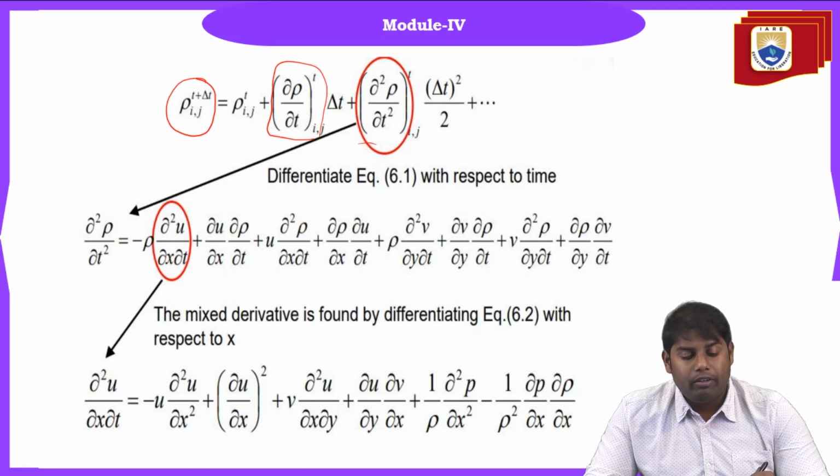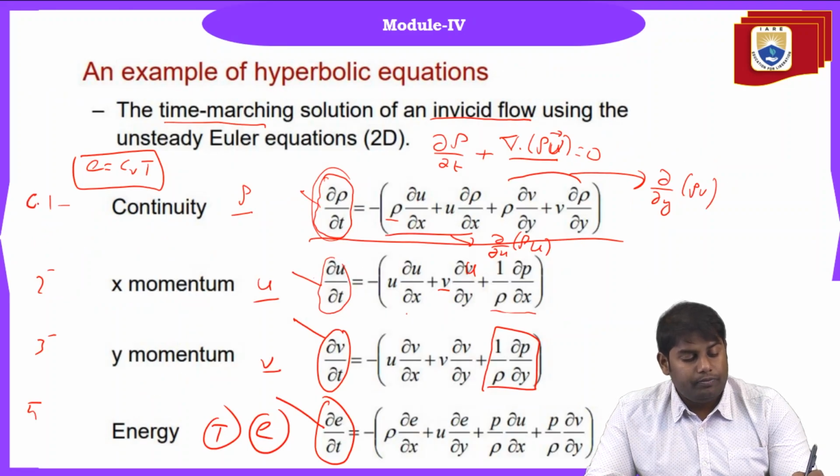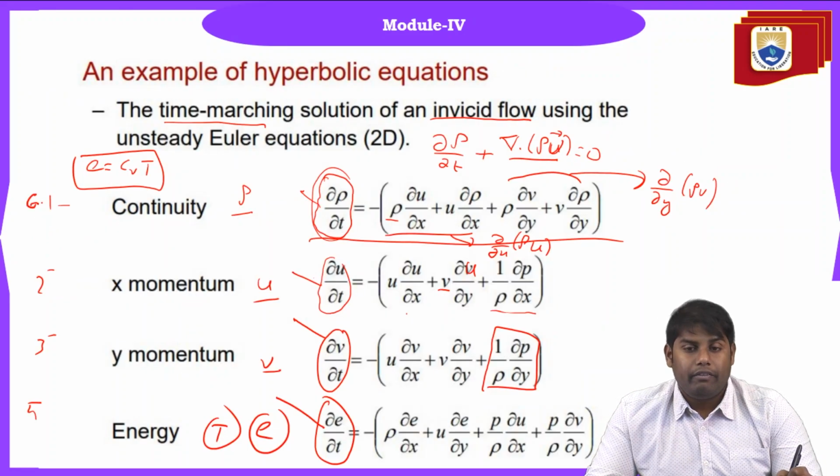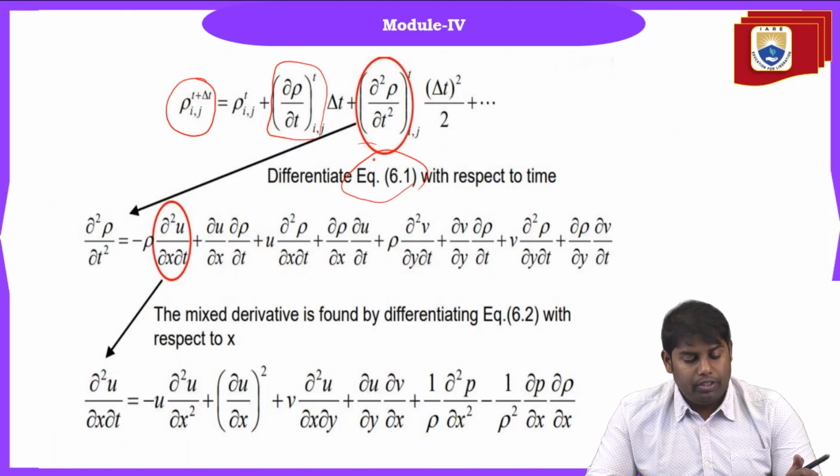The second derivative term is obtained by differentiating equation 6.1 with respect to time again. Then a mixed derivative will come here.